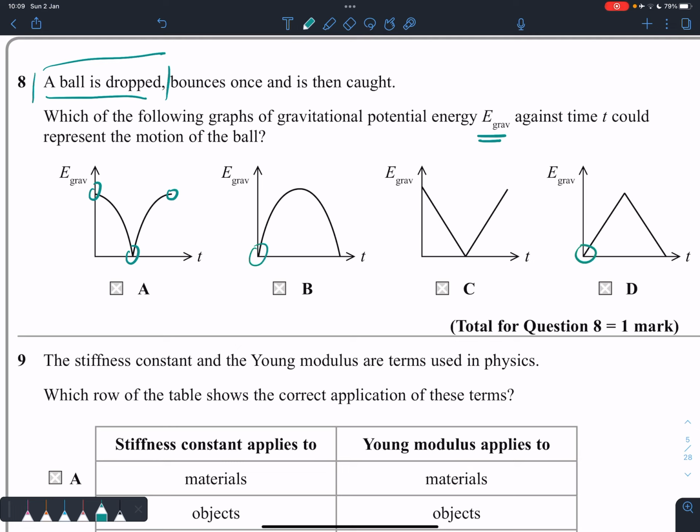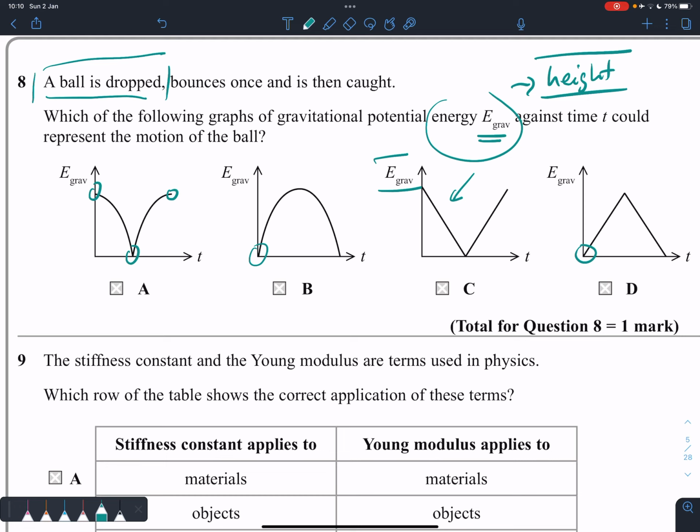The height is changing as the distance changes. So you've got to think, over time, what's the relationship between the distance and time? And then gravitational potential energy is a proxy. It's kind of the same as the height. So how is the height going to change?